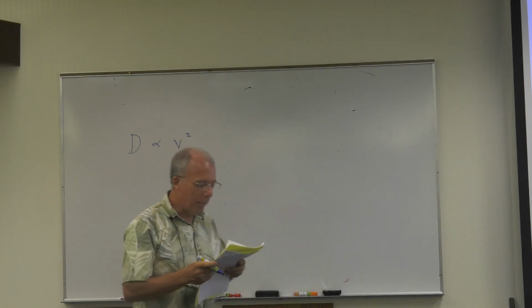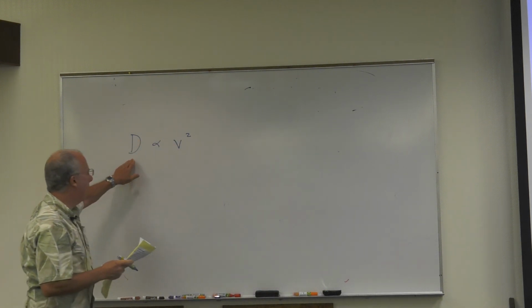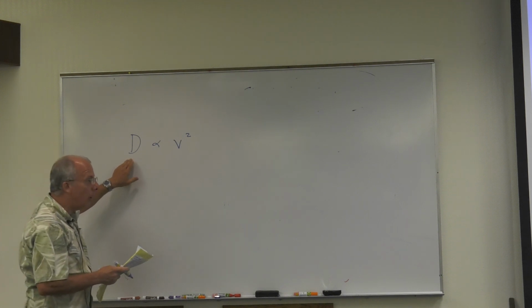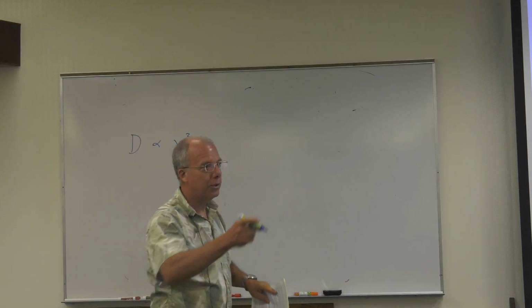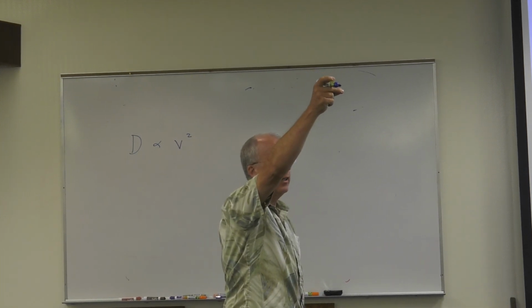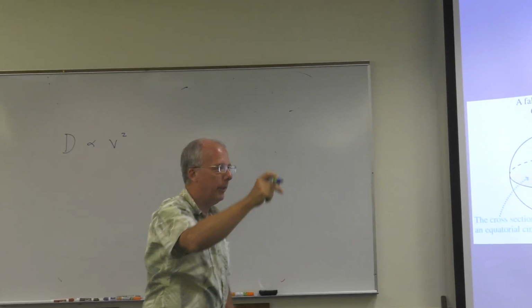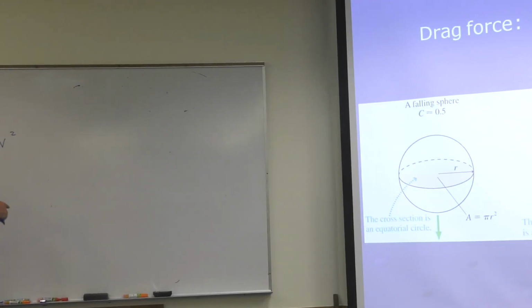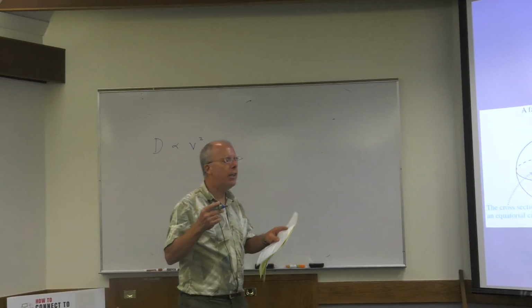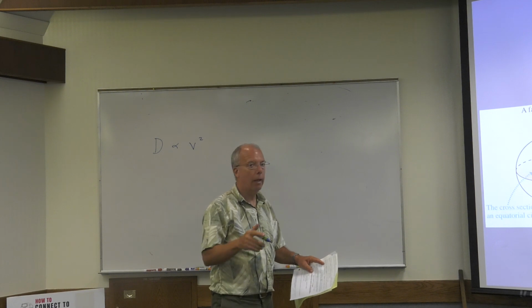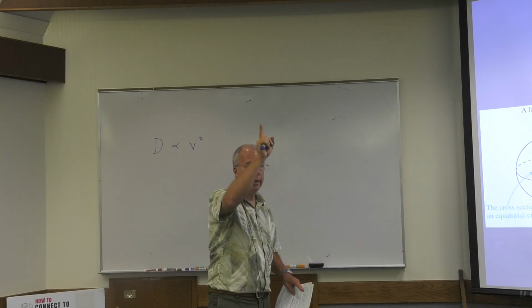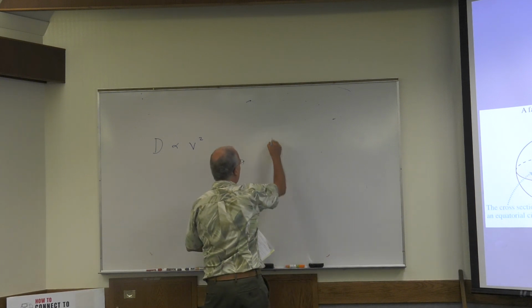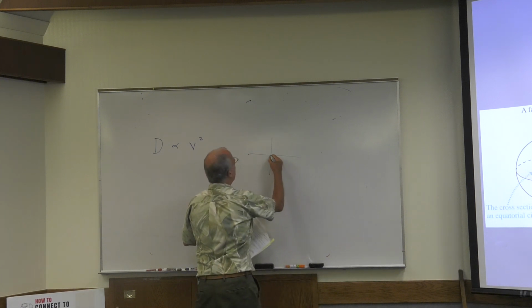But the drag is going to increase really rapidly because it's proportional to the velocity squared. So you have this raindrop at rest. It starts going faster and faster. But then the drag starts getting bigger and bigger. Now, look at it. Eventually, what's going to happen? Eventually, the force of gravity is going to be equal to the drag force. So this is what we would do, our little force diagram.